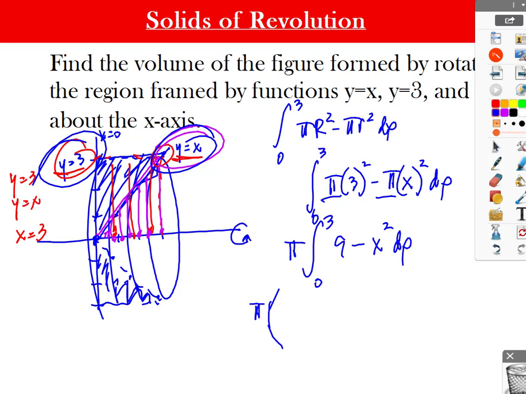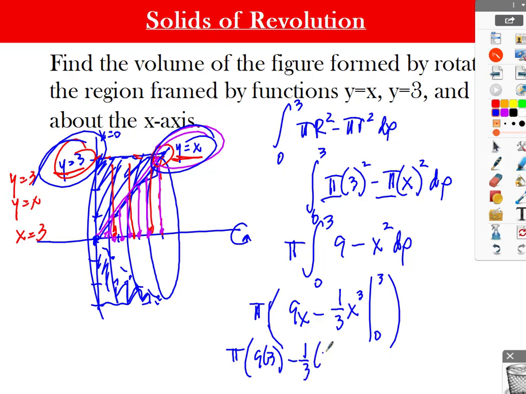Alright. So I'm going to take the antiderivative. It's going to be 9x minus 1/3 x cubed. That's your antiderivative. You're going to substitute in 3 minus 0.